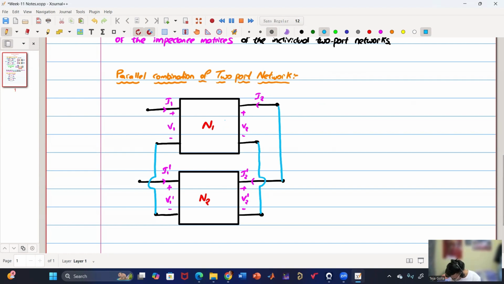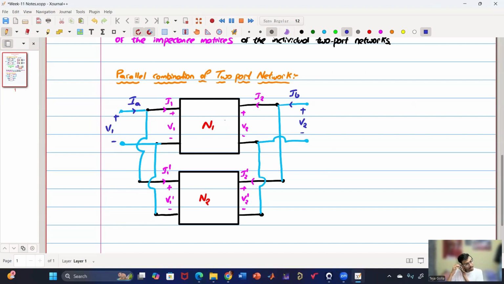So both the inputs are shorted, and now this is our input terminal. The new input becomes plus minus V1 and say the current is IA, and this current is IB, and this voltage is plus minus V2. So V1, V2.